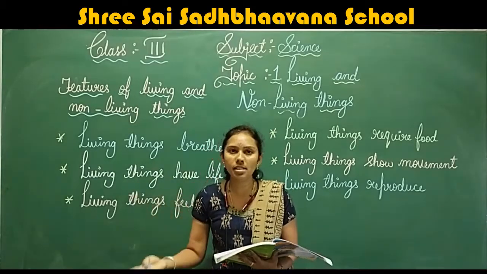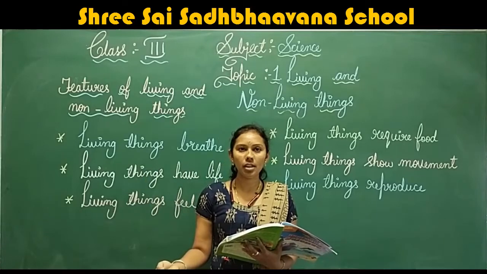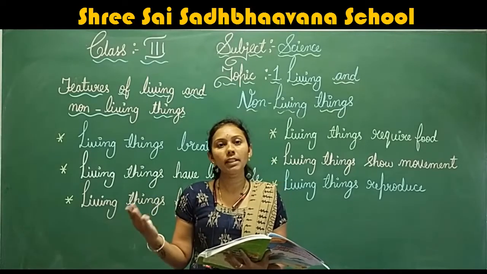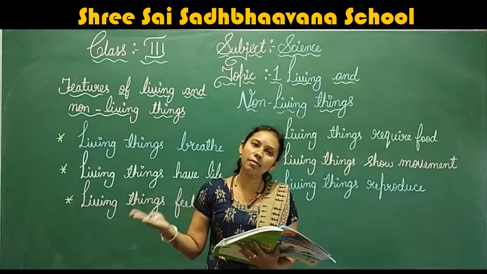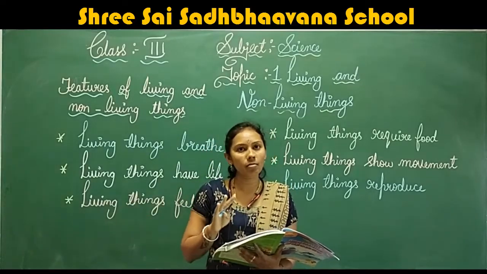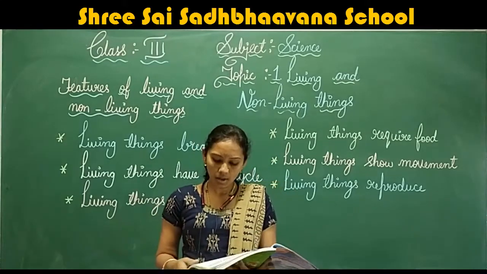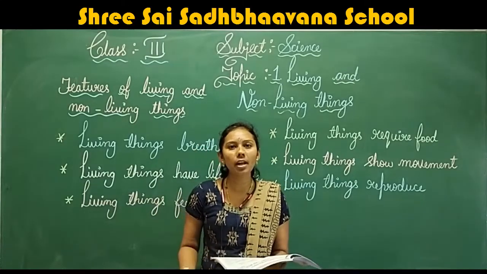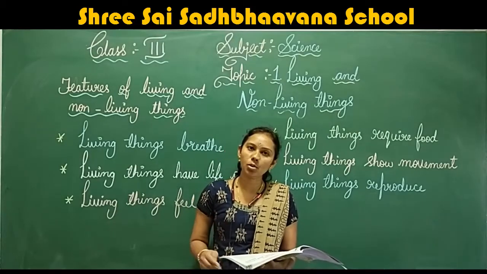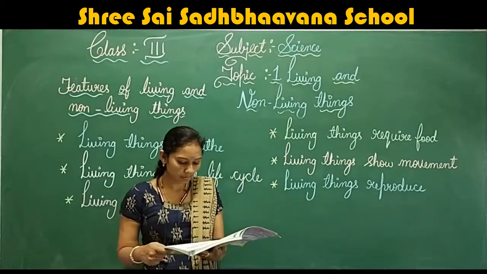They need some external force, which is given by a man. Only by that external force will they move from one place to another. By its own, it doesn't move. It is lifeless. It doesn't have any life. So those things are called non-living things.